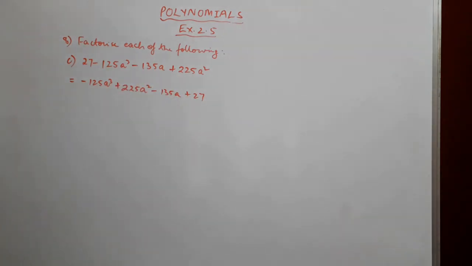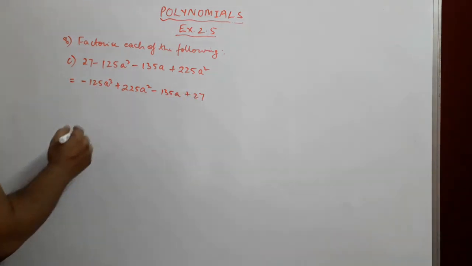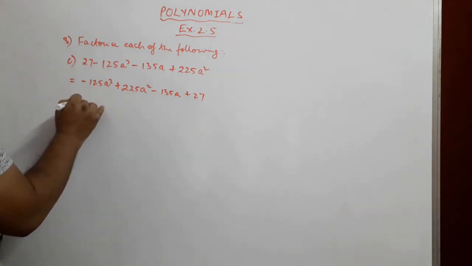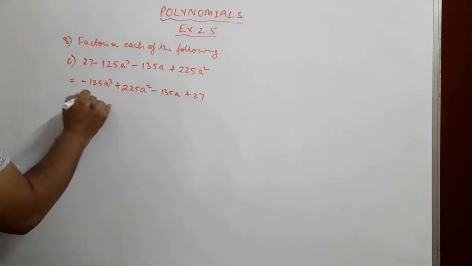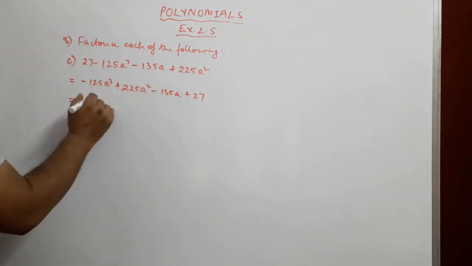Now if you have a look, you will wonder as to which form it will actually go into. If we rearrange this, we should be able to get the problem. For example, we'll take negative sign common, and whatever is negative becomes positive, whatever is positive becomes negative.